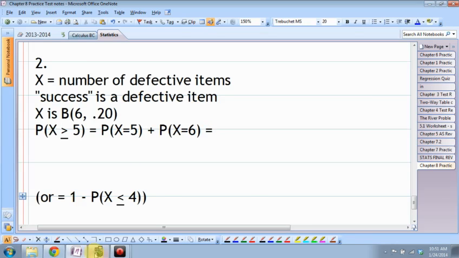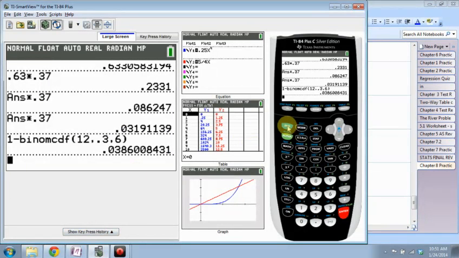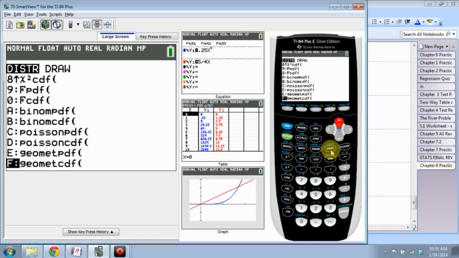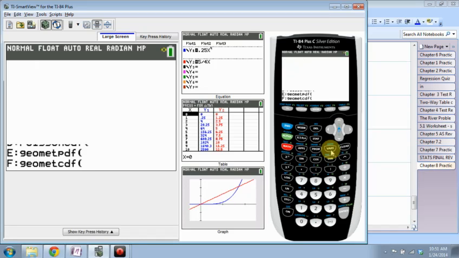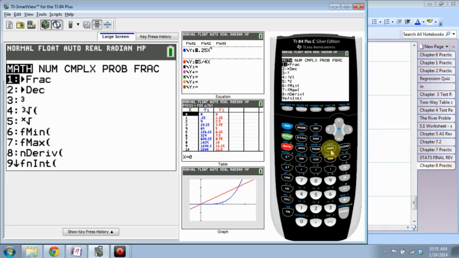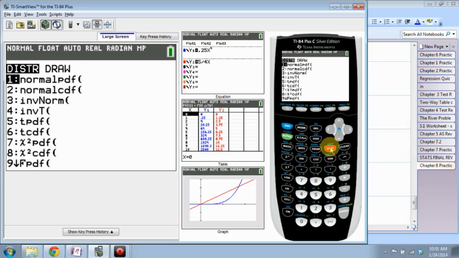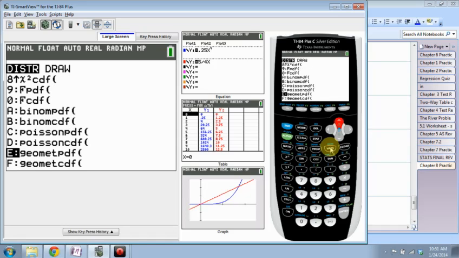Back to the calculator. We're going to do binomial PDF. That didn't work. We're doing the probability that X equals 5 plus the probability that X equals 6 right now.